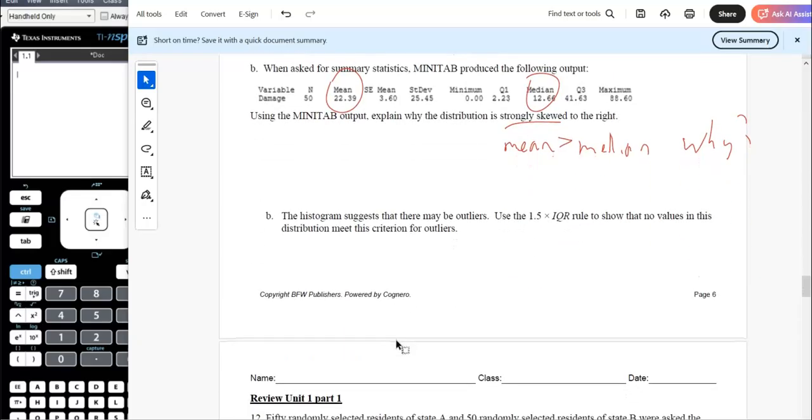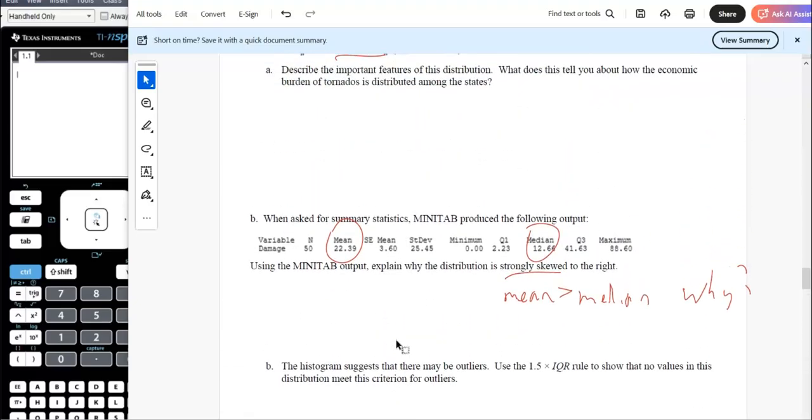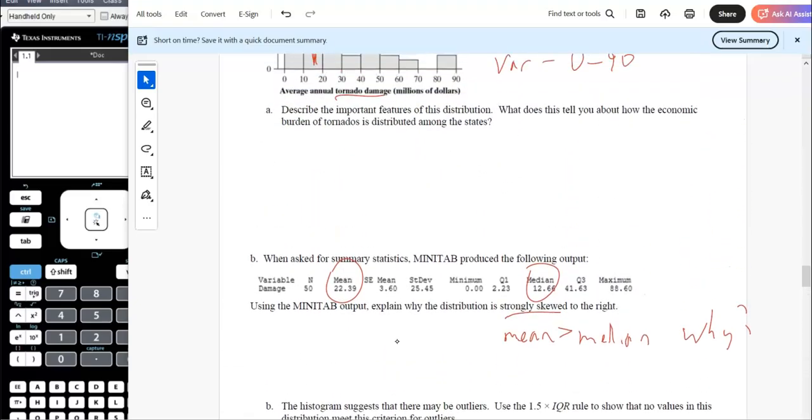Histograms suggest there may be outliers, so what do we need to use? Well, fortunately, they gave us Q3 and Q1, so you could do 41.63 minus 2.23. Let's see if I can do this. That's not bad. 39.4 is our IQR.